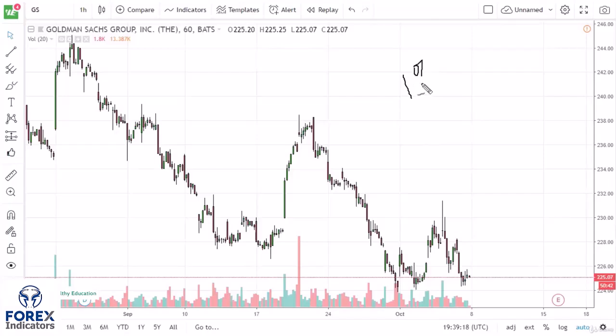And in my case, I only risk 1% on any particular trade. And that's 1% of the total portfolio.